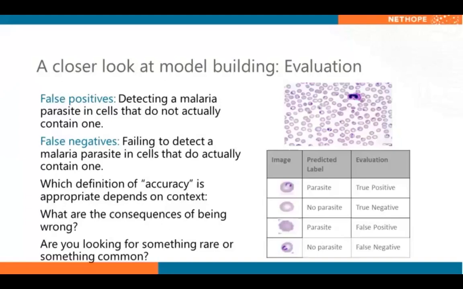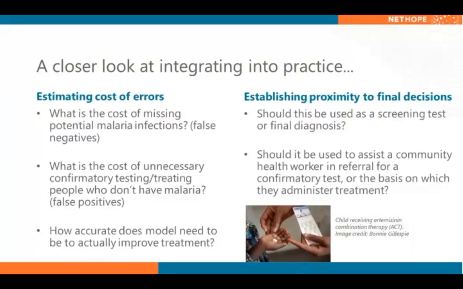I think that this is going to bleed into the next slide in terms of the integration into practice, because it's important to think about your decisions as a developer building these models. When you make these judgment calls about how you're going to evaluate the success of your model, it's really important to think about how that's going to be integrated into practice. If you get something wrong, say you have many false positives or many false negatives, what are the human consequences of that?